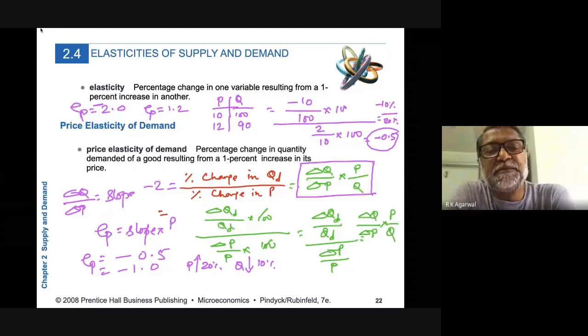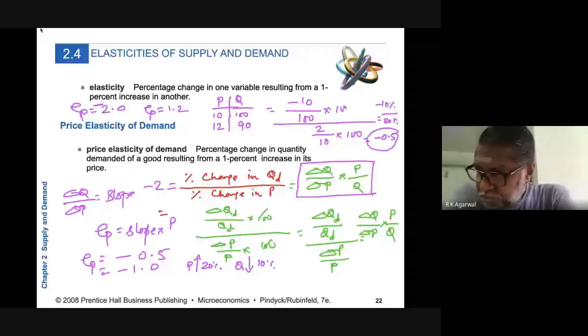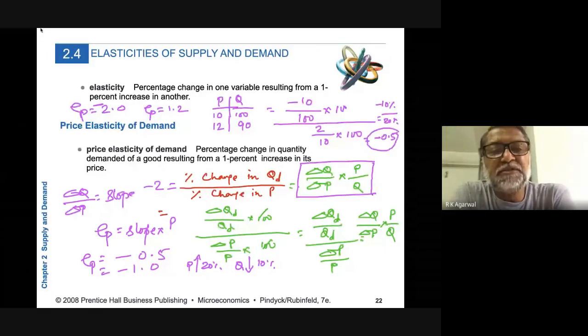If price changes by 10%, then by how much will the demand change if price elasticity of demand is 1.2?